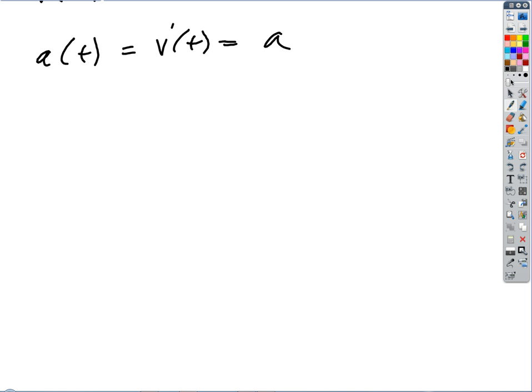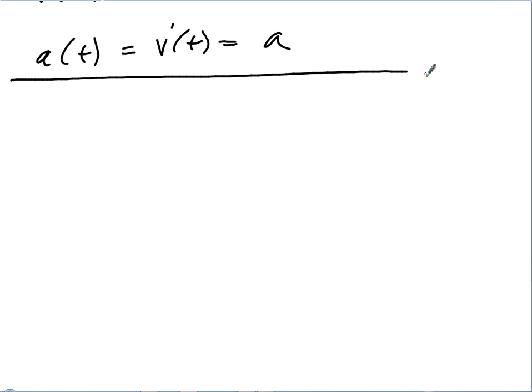So let's say we know, and we're going to use MKS units, meters, kilograms, seconds, that our equation of motion is S of t equals S naught plus V naught t plus one half times the acceleration of gravity, which is 9.8.